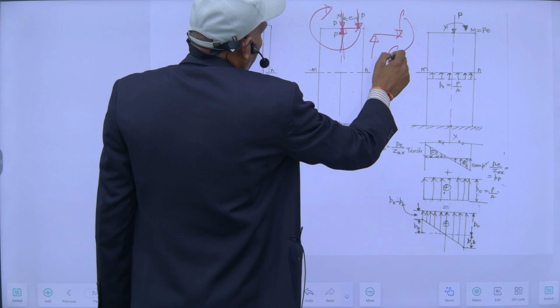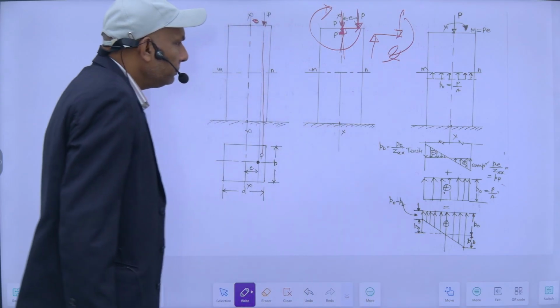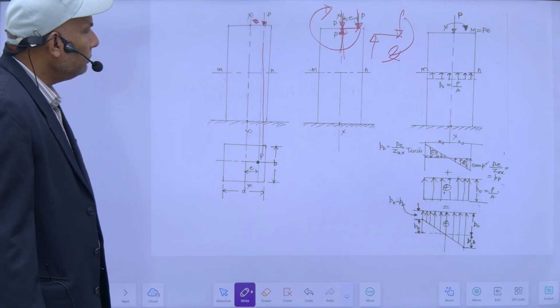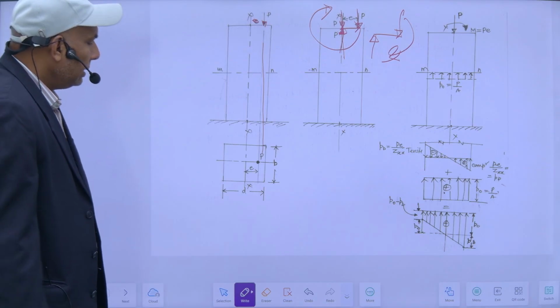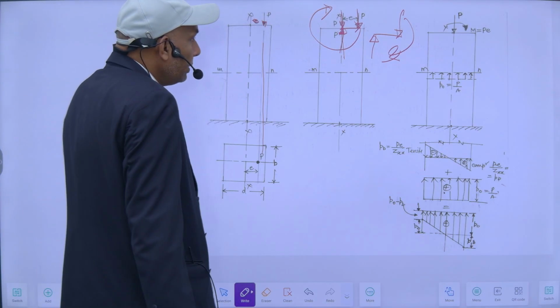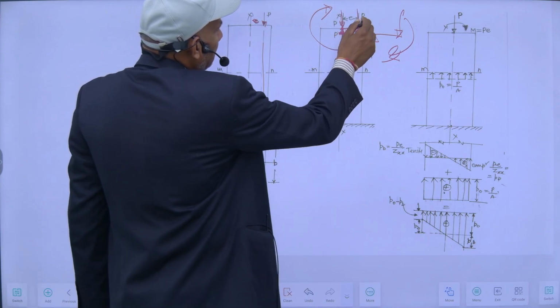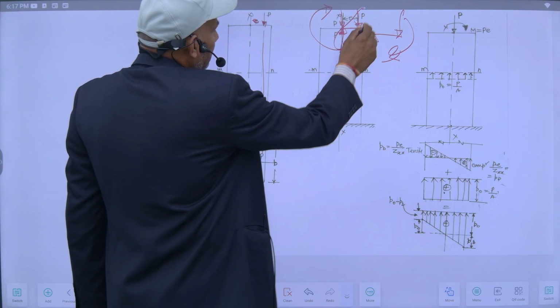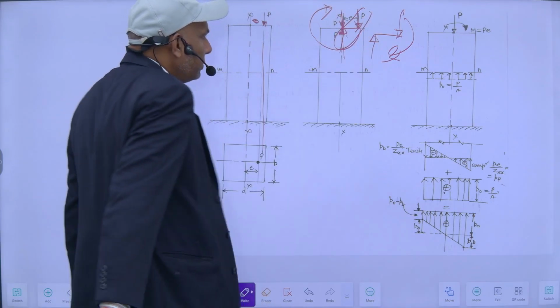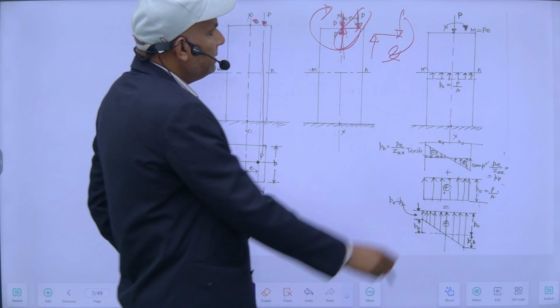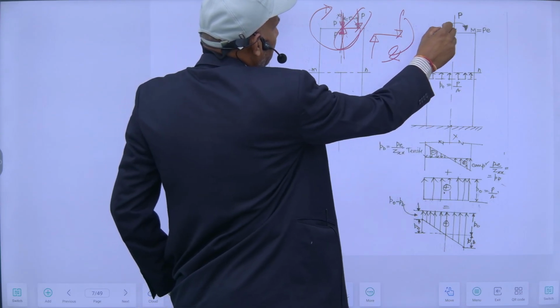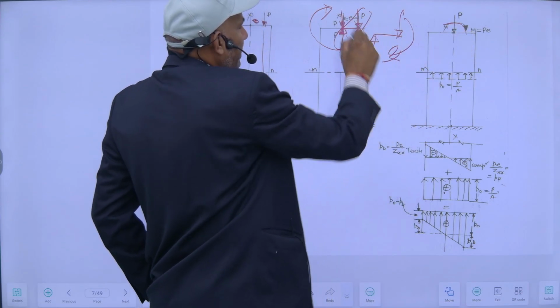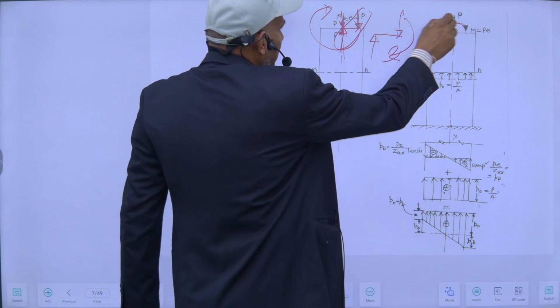This will create a couple, which is a moment, and because of this and this there is a couple and this load. So I can place it like this. There is a couple whose amount is P into e, and this direct load itself.